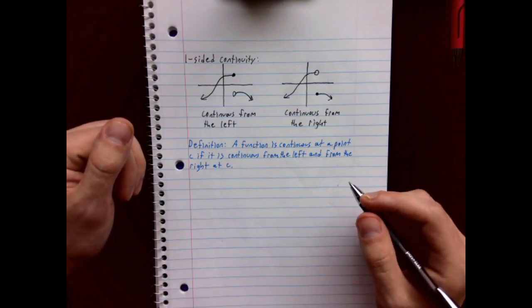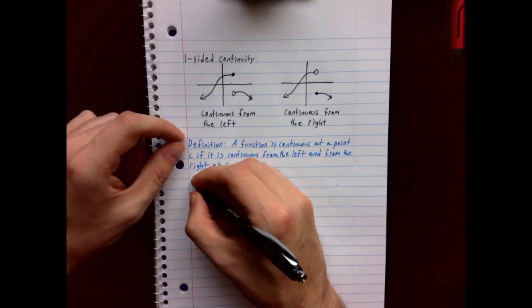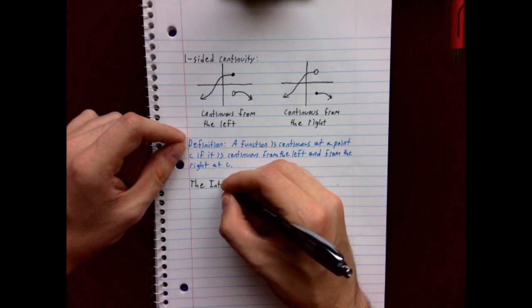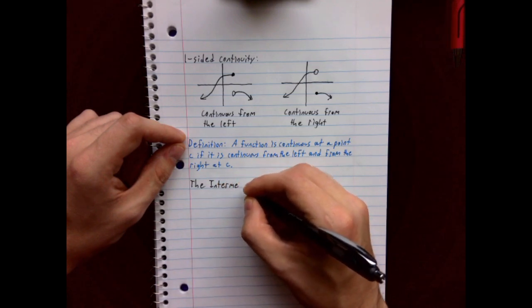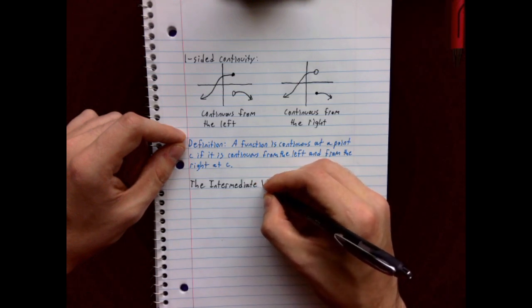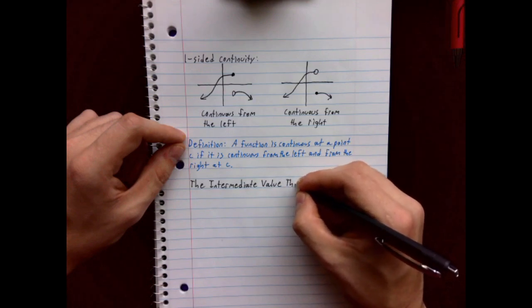Okay, the next big idea that I want to talk about is the intermediate value theorem. And the intermediate value theorem deals with zeros of functions, and namely the location of zeros of functions.